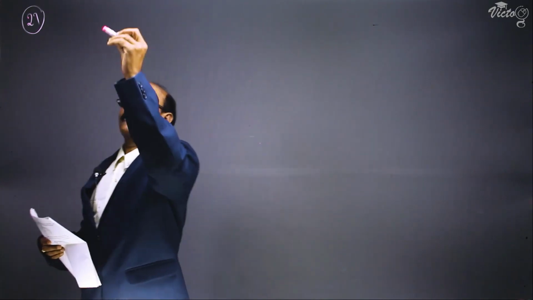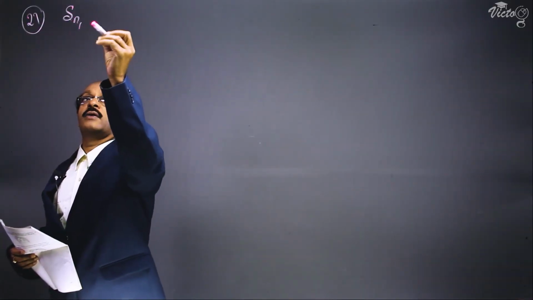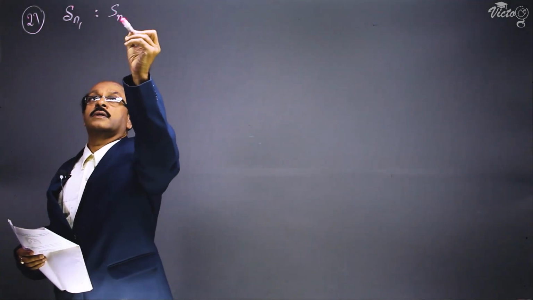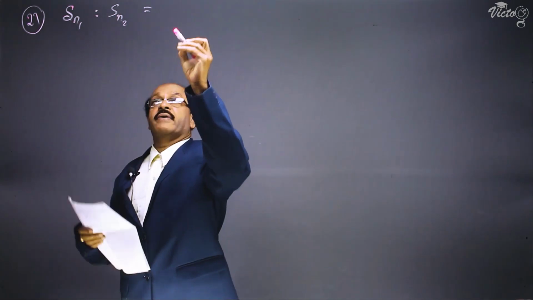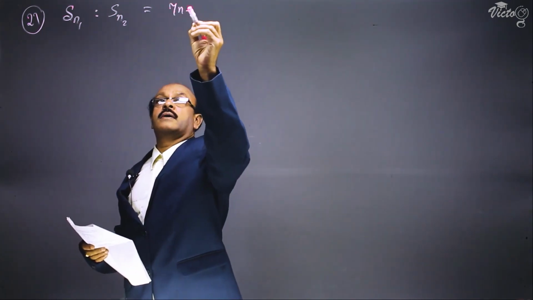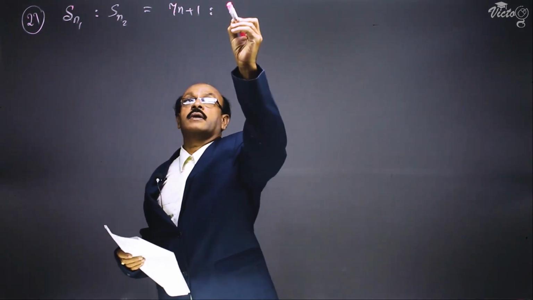That means Sn1 is to Sn2 is equal to 7n plus 1 is to 4n plus 27.